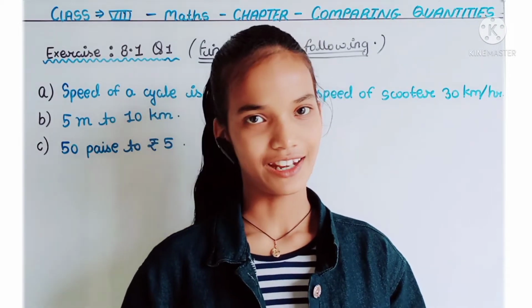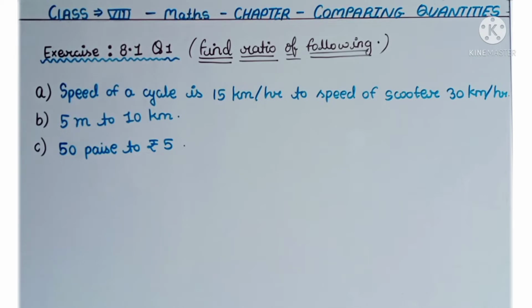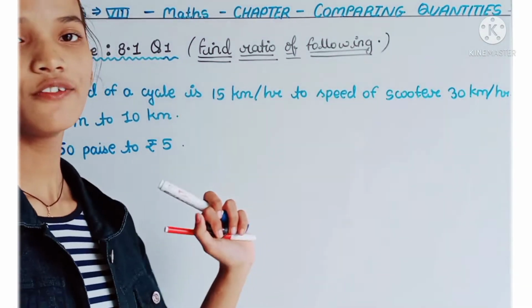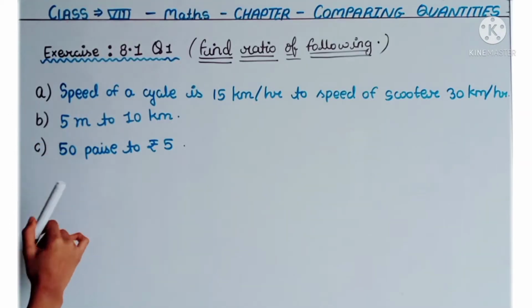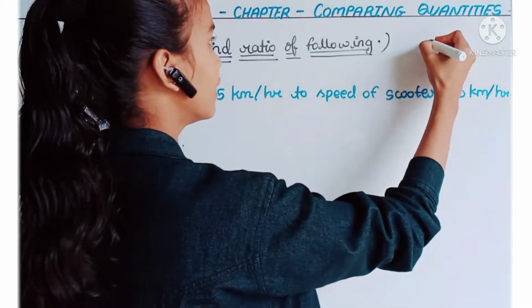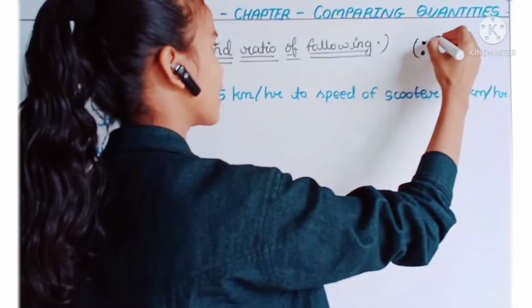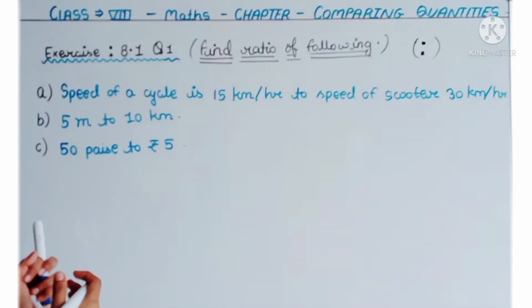So let's start. In the first question of this exercise, we are given to find the ratio of the following. We have to find the ratio in the given three situations. What is a ratio? We know that the ratio sign is like two dots. We have to convert the situation into that ratio.